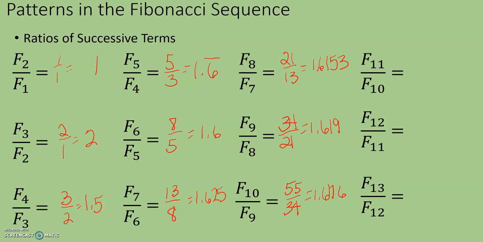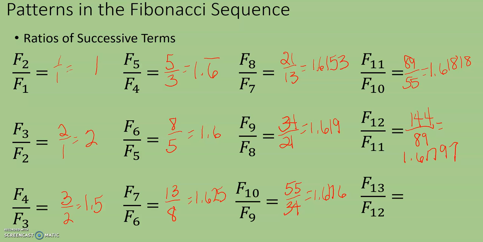The 11th divided by the 10th, it's 89 divided by 55, which is 1.61818. The 12th divided by the 11th, it's 144 divided by 89, which is 1.61797.